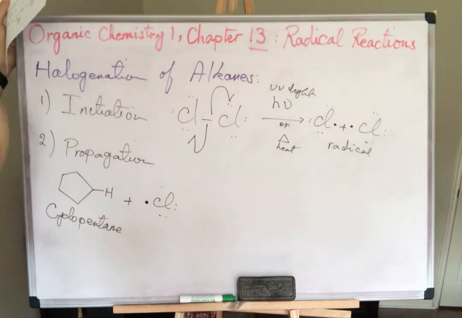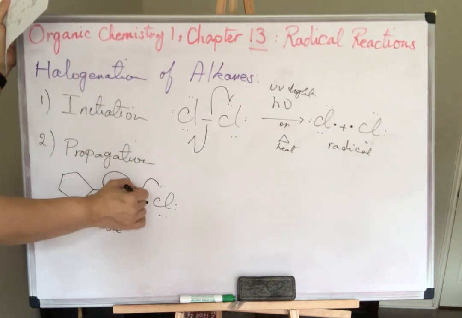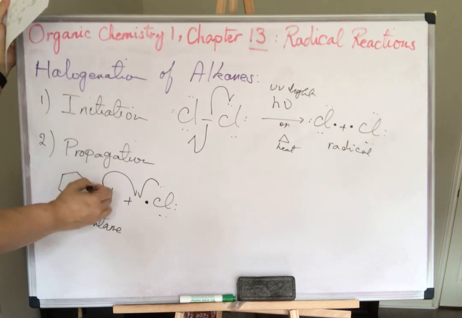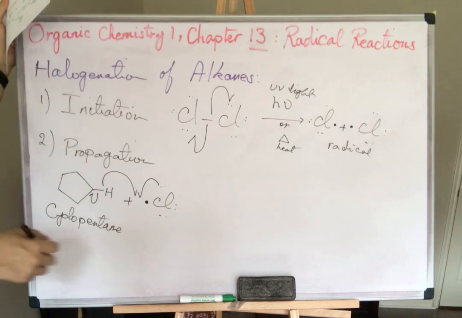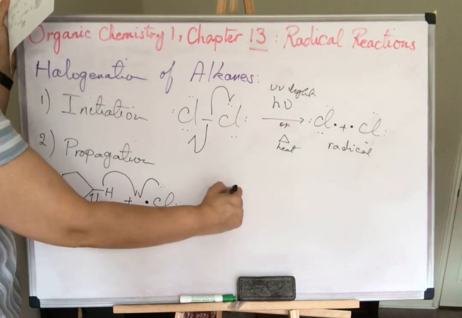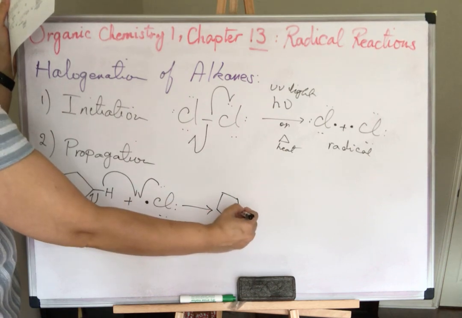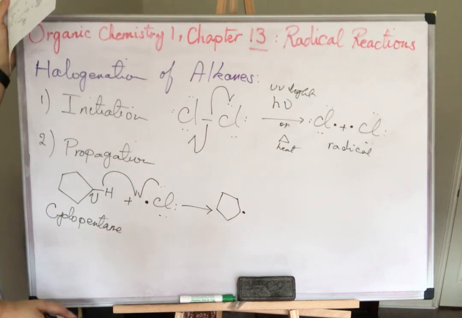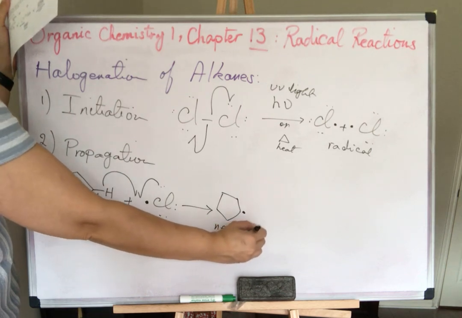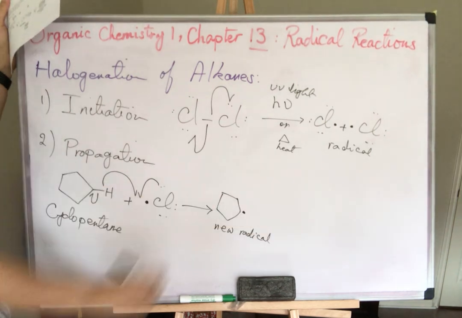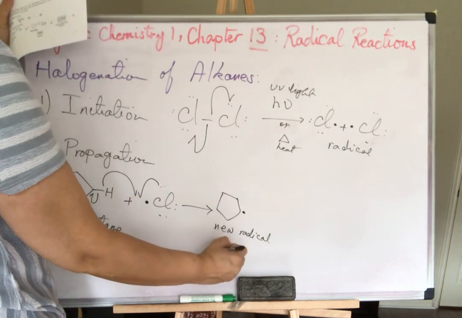Just one single electron, right? So hydrogen will share 1 electron, and 1 electron will remain on what is left of the alkane. So we will end up having a new radical here, and of course HCl.